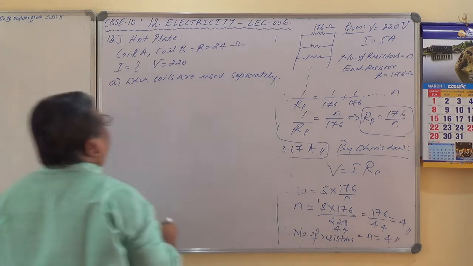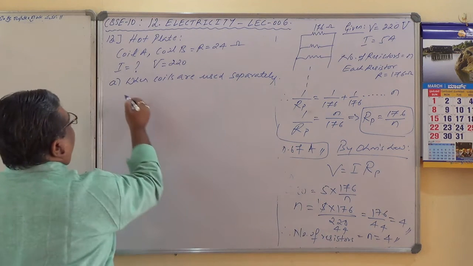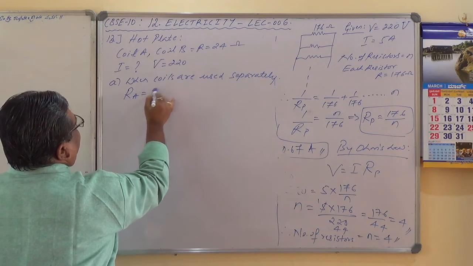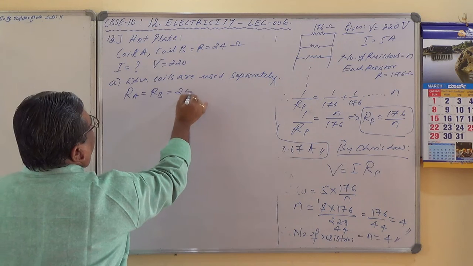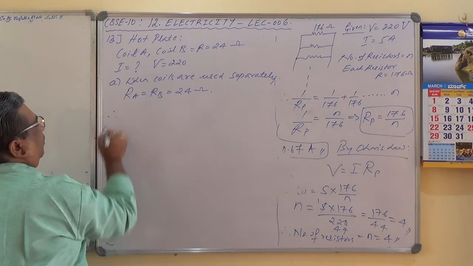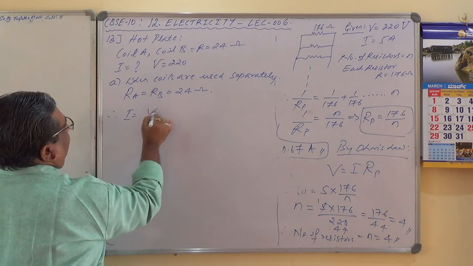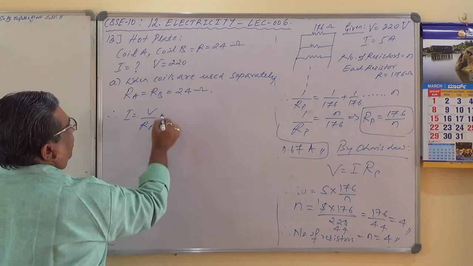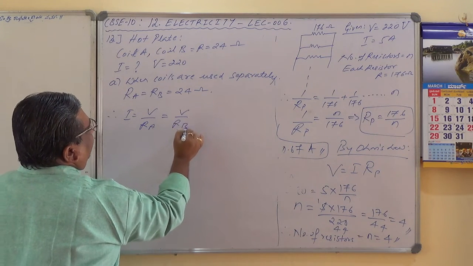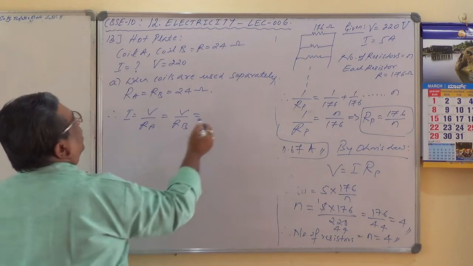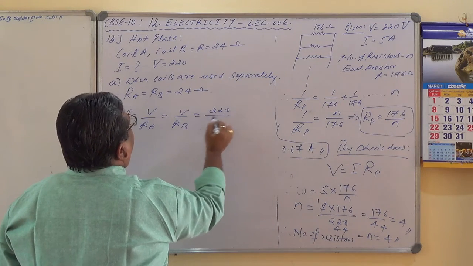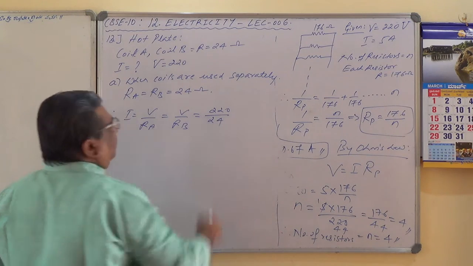When the coils are used separately, how do you calculate? RA equals RB equals 24 ohms. Therefore, I equals V by RA, which equals V by RB, because both have the same resistance, which is 220 divided by 24.